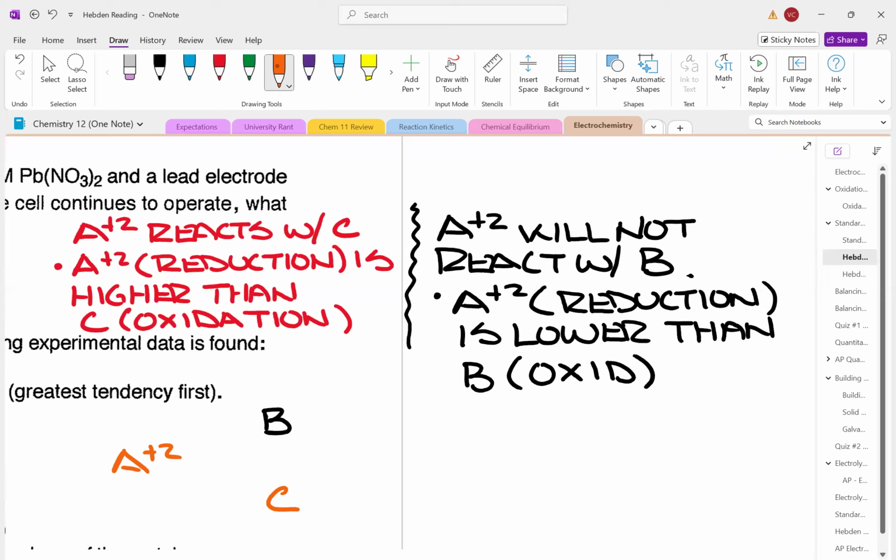So how would we solve this? Now we know that we have this particular scenario, so I can write it out.